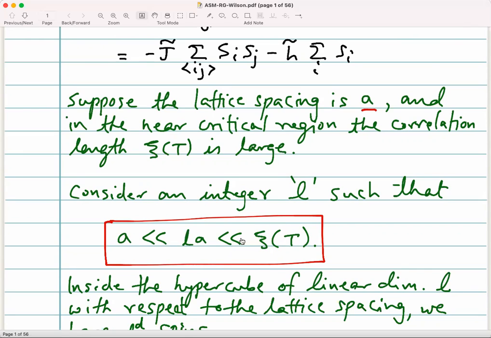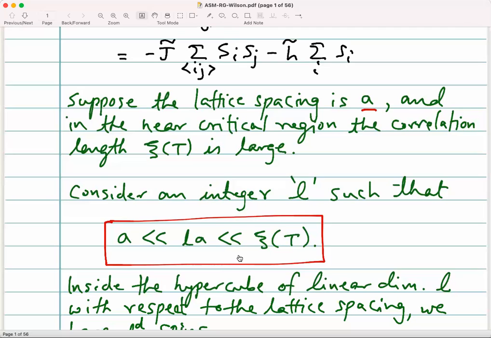So imagine that the lattice size is of the order of, say, a few angstrom, 1 or 2 angstrom. And the correlation length is of the order of a few millimeters, suppose. Then there is like 6 to 7 orders of magnitude difference between them. An angstrom is about 10 to the minus 10 meters, a millimeter is 10 to the minus 3 meters, and L could be something of the order of, say, 1000.